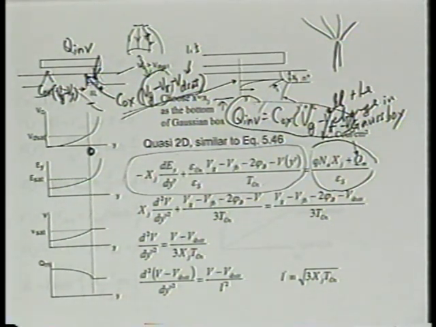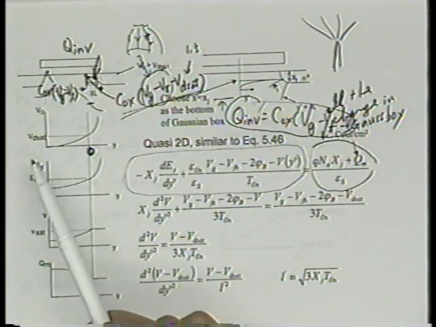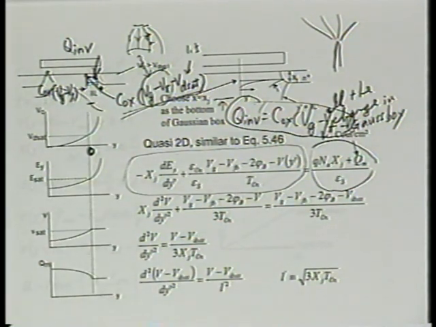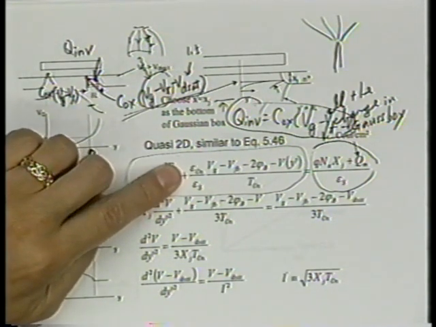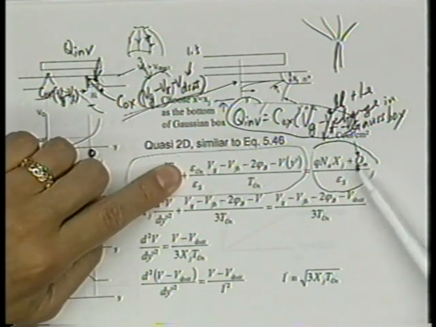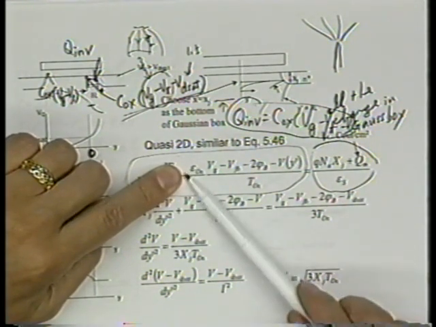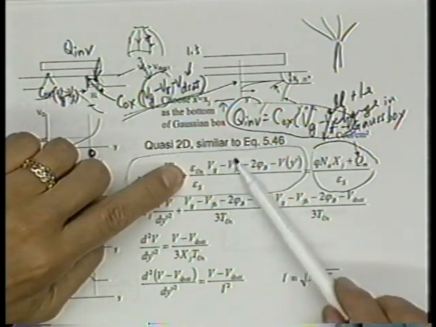Yet, at the beginning of the pinch-off region, this term is still negligible because it still belongs to the gradual channel part between the source and pinch-off region. Is that right? So if this term is negligible, we can immediately substitute the right-hand side by this term at the beginning of the pinch-off region, which is what we did.